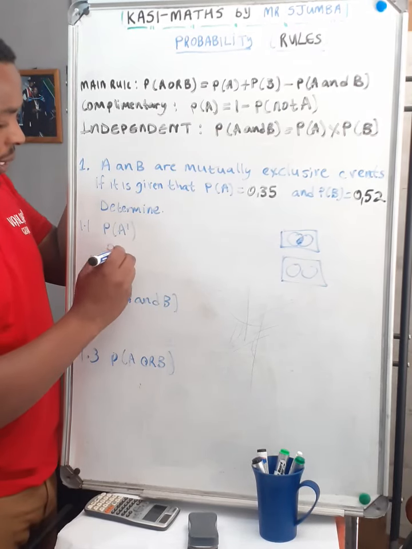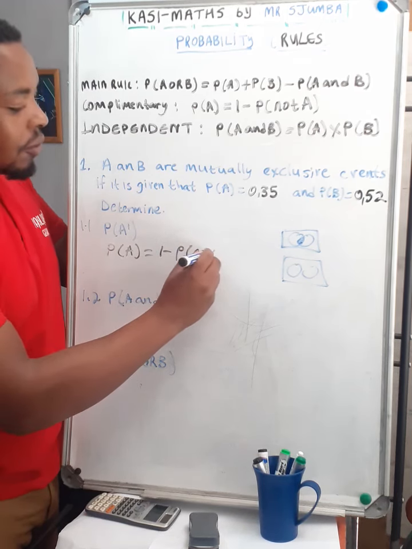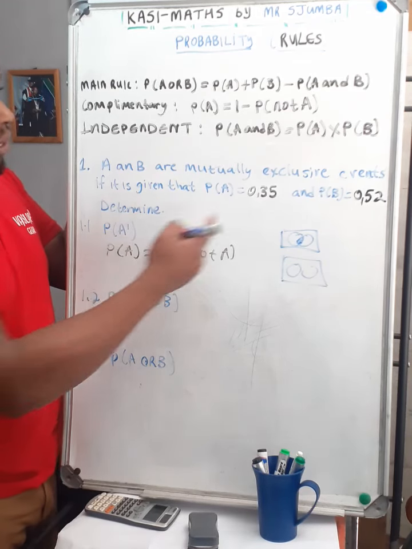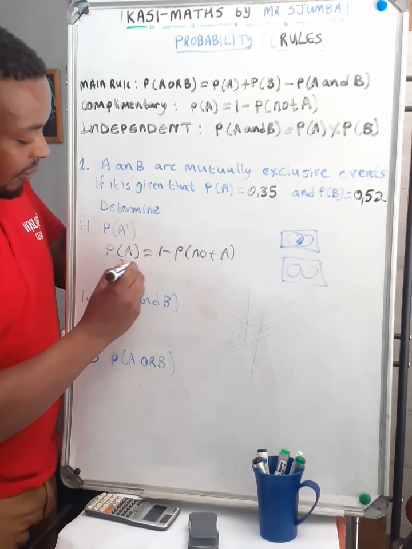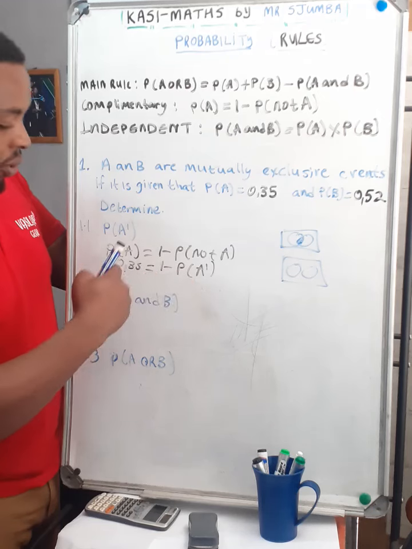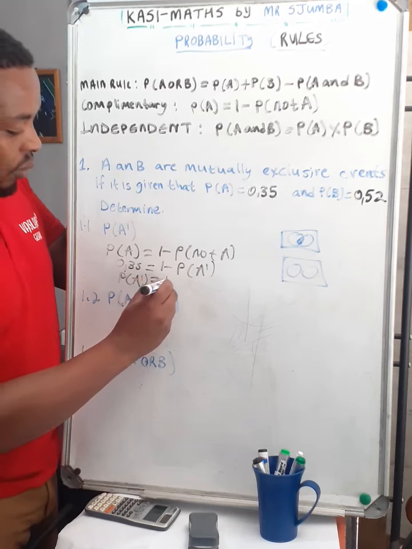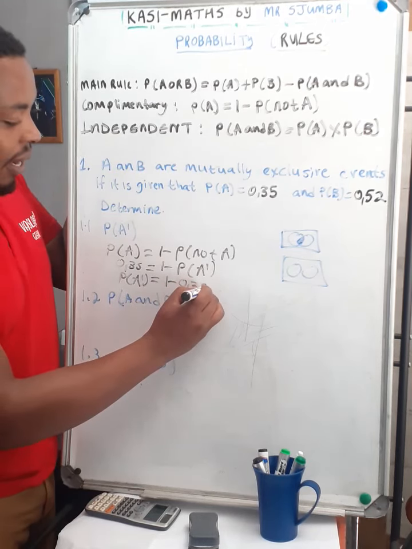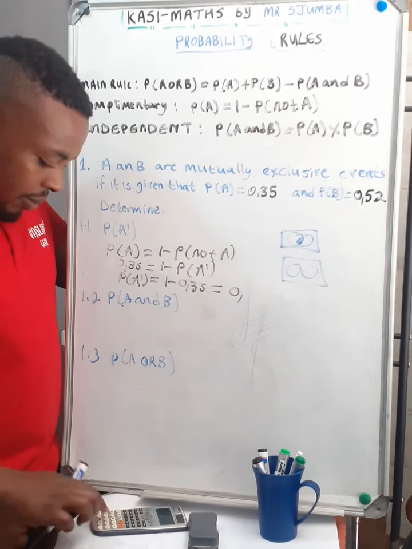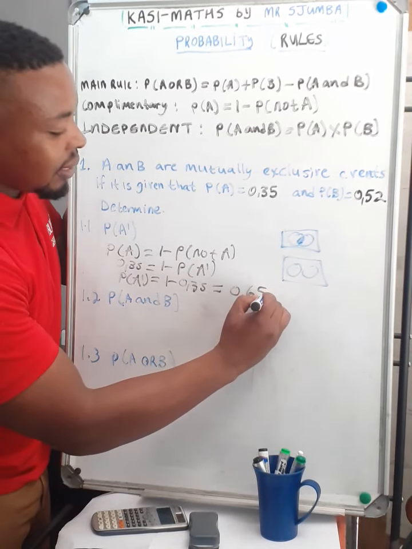The probability of A is equal to 1 minus the probability of not A, right? So we know the probability of A is 0.35, which will equal 1 minus the probability of not A. Take this one to this side, and this one to that side. So the probability of not A will equal 1 minus 0.35, which is 0.65.